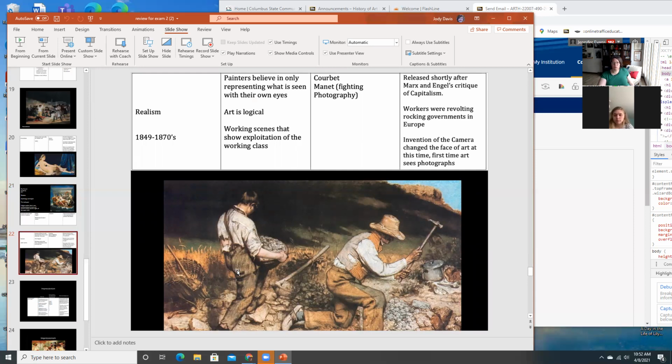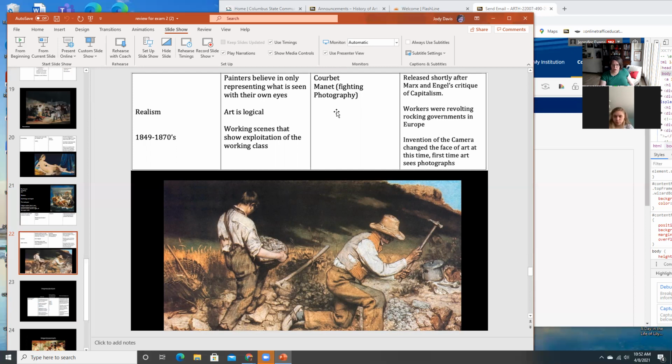All right, so realism. Realism is a reaction to the French Academy. It is primarily headed up by Courbet and Manet. Courbet begins it, Manet takes the torch and moves on. And the painters believe in only representing what they see with their own eyes.